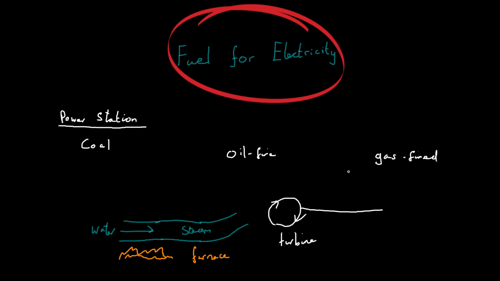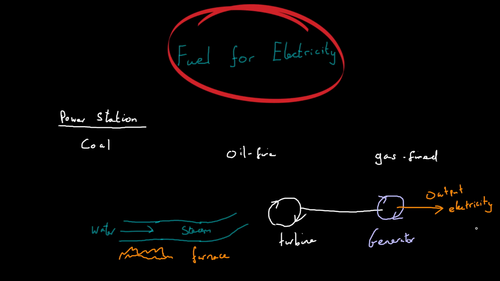Now this generator will start spinning as a result of the turbine spinning, and then the generator will produce electricity, which will be our output.